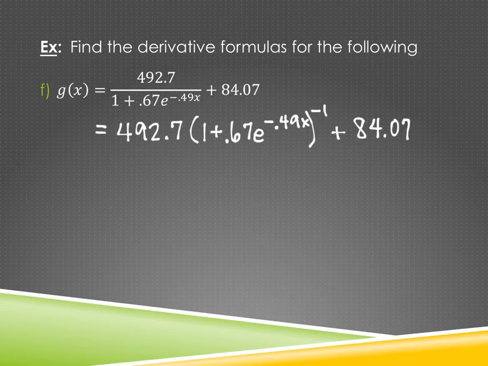This problem's messy because there's more than one inside function. Obviously, one of the inside functions is everything in the parentheses that you currently see, correct? Does anyone else see another set of parentheses that are not there that are really there? Negative 0.49 in the exponent, right? The exponent that's inside.